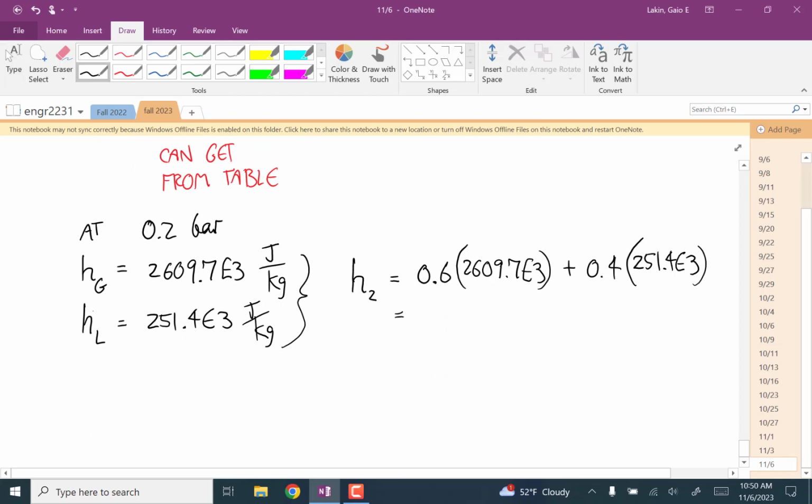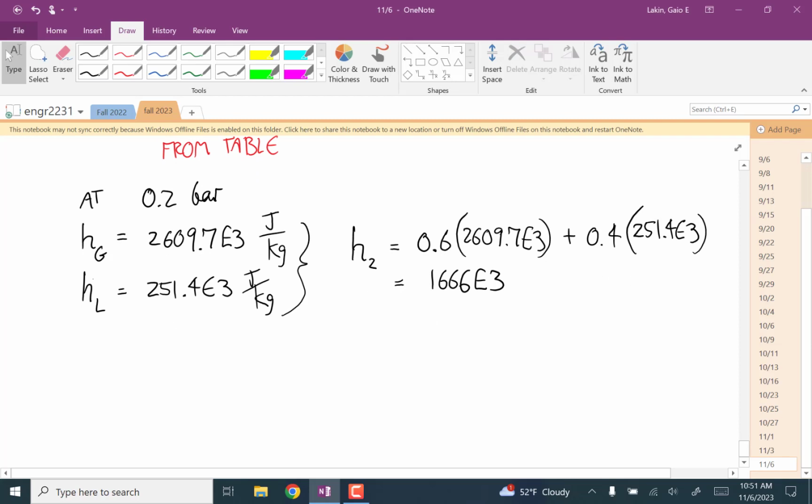And so that is equal to 1666 times 10 to the third, the specific enthalpy. Coming out of the condenser, it's a saturated liquid. So h3 is just 251.4 times 10 to the third.